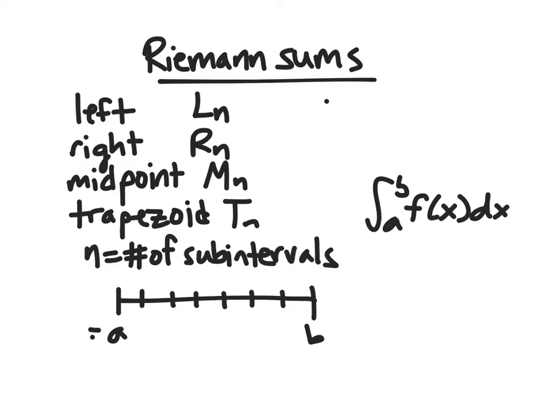So a would be your x0, this is x1, x2, and so on until you get down to b, which is xn, and this point here is xn minus 1.